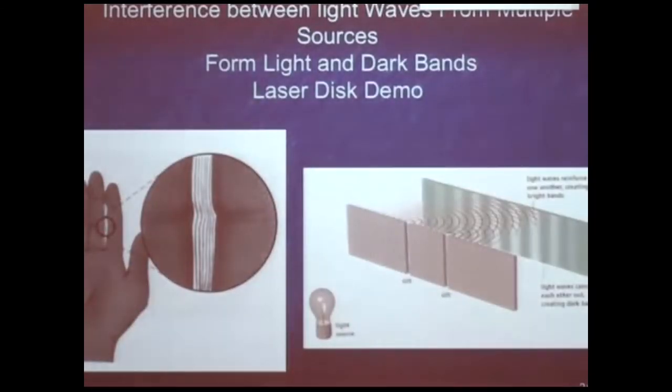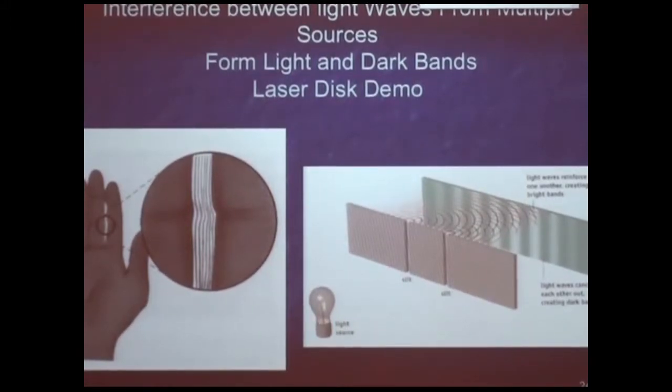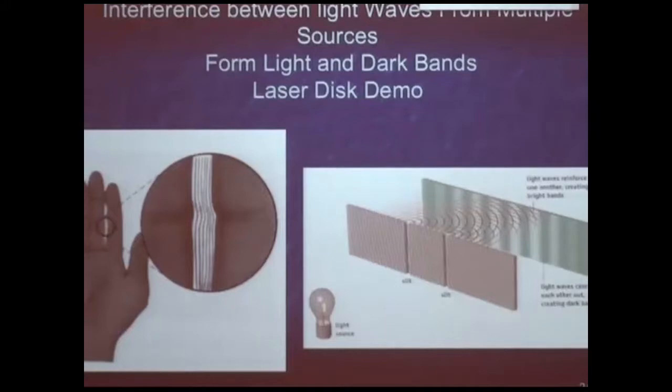Another experiment you can do at your leisure is make a very small slit with your fingers by putting the fingers together, and then hold that slit up against a bright light, for example, the white over there, and you'll see this kind of dark and light pattern due to the interference of light. What's happening is that light is coming from two different sources nearby, like the two sound waves.